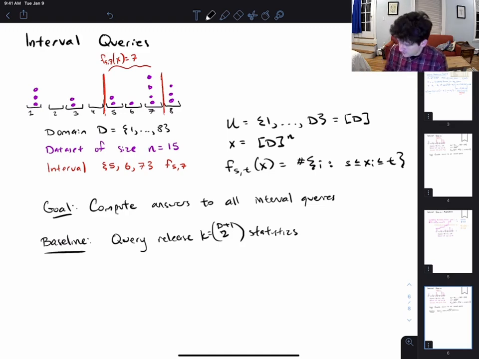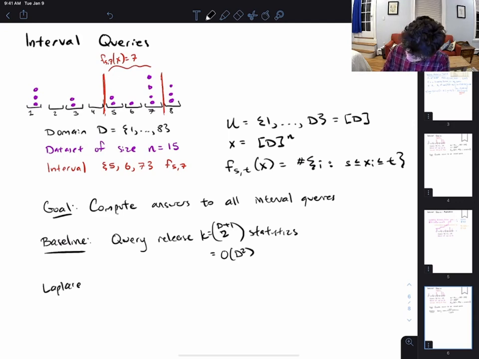And that's about d squared. So it's order d squared. So just using the Laplace mechanism gives error order 1 over epsilon d squared log d.